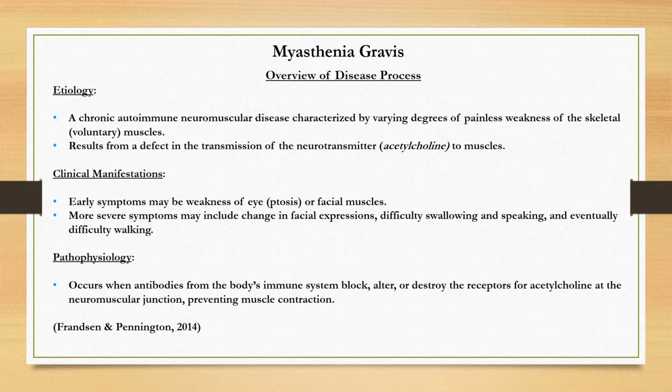And this is significant because drugs that are used to treat myasthenia gravis act indirectly by inhibiting that enzyme, acetylcholinesterase, and so when it blocks that, it keeps that acetylcholine in the system longer. So that's significant with the life of the acetylcholine.